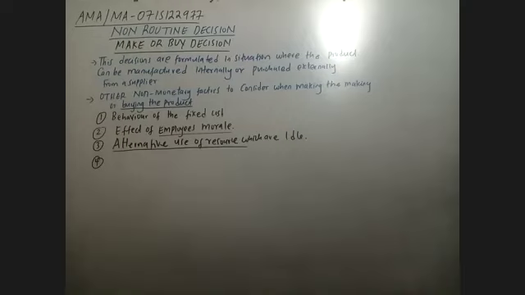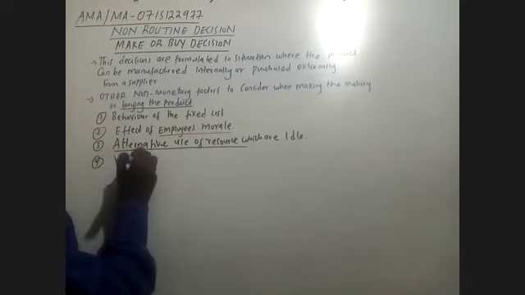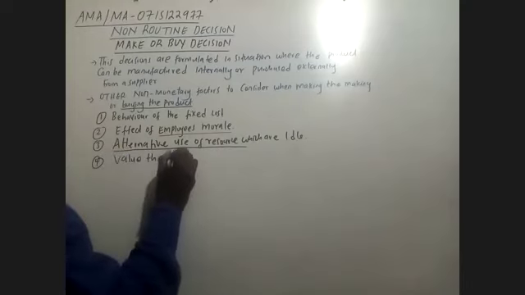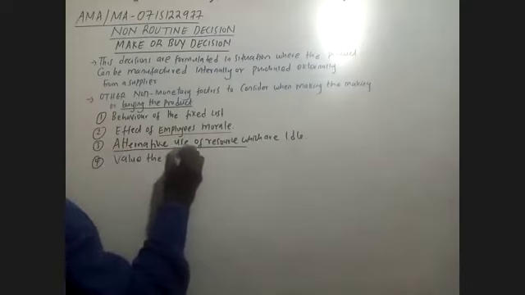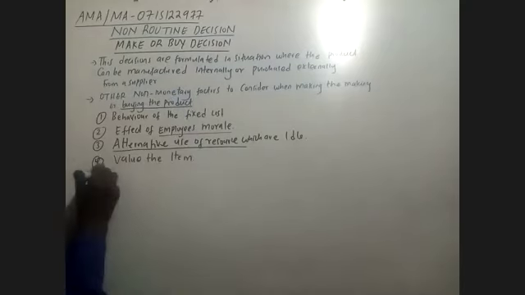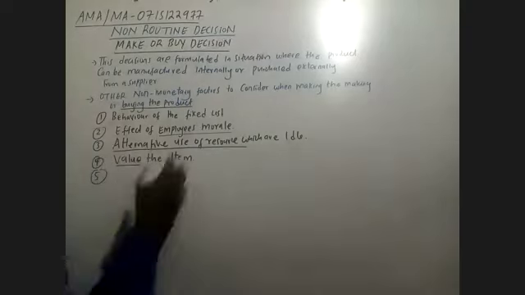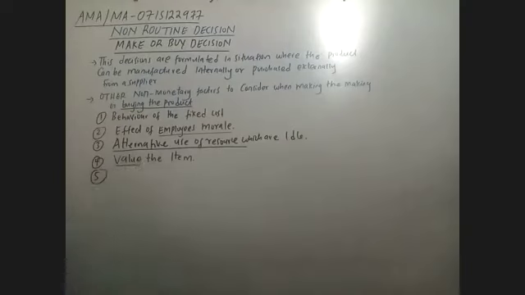Next, we can consider the value of the item, the item that you want to make or buy. If you decide to make it, what will be the value of that product? If you buy it from outside, will the value be the same?